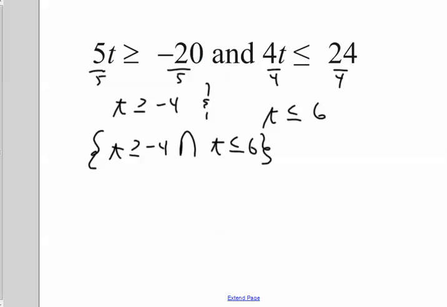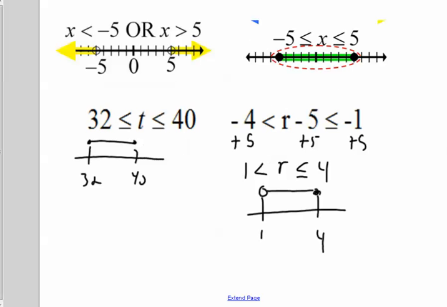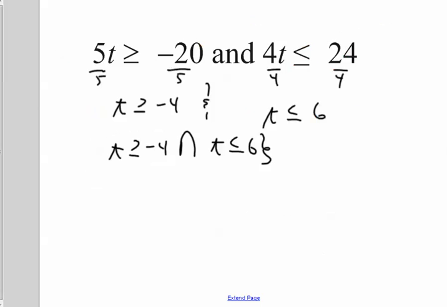Going back to the other one, we can fix that as well. We'll say t such that t is greater than or equal to -4, and at the same time t is less than or equal to 6.